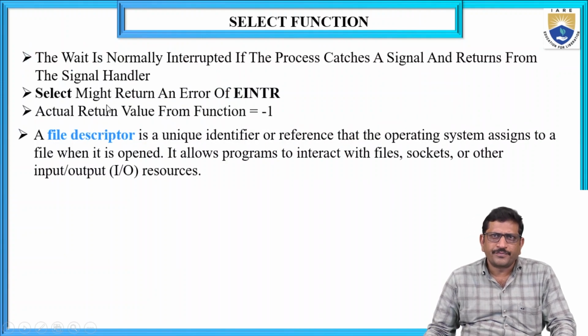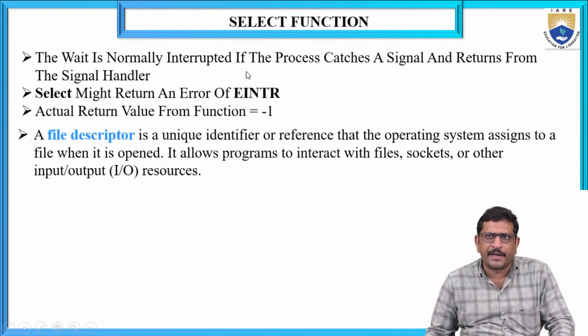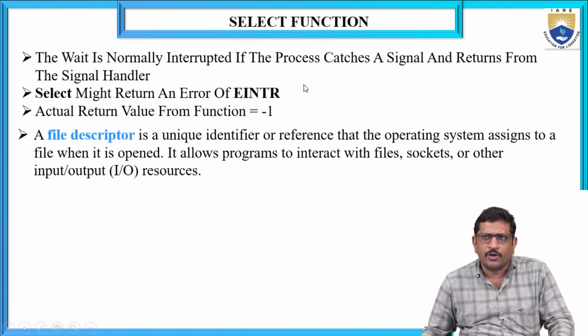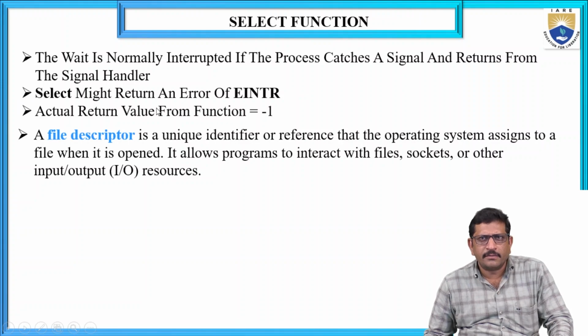The wait is normally interrupted if the process catches a signal and returns from the signal handler. Select might then return an error of EINTR. The actual return value from the function is minus 1, which indicates an error.